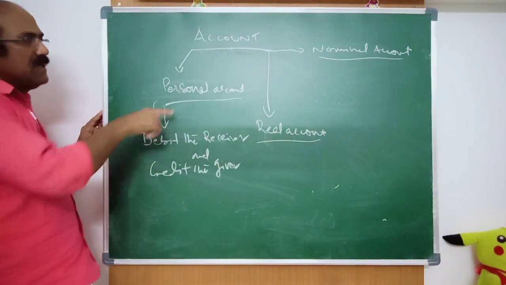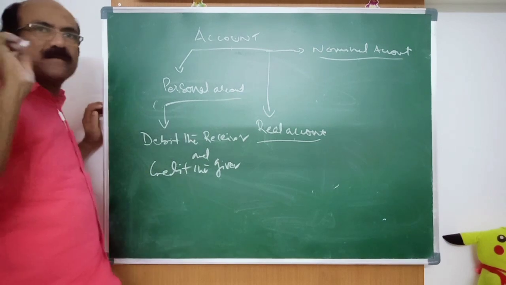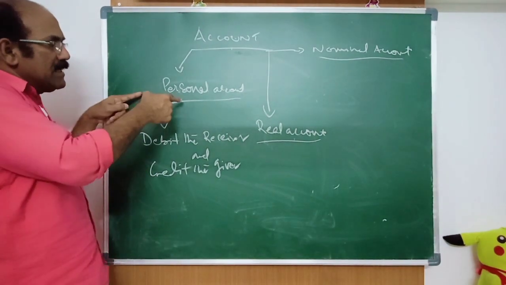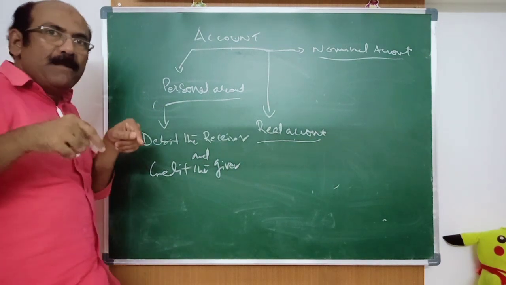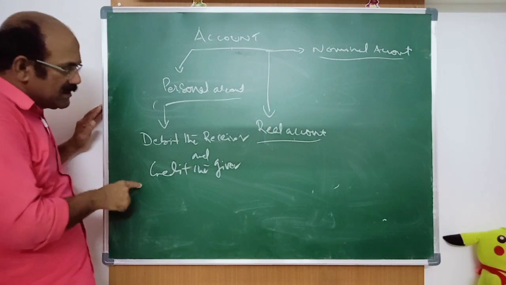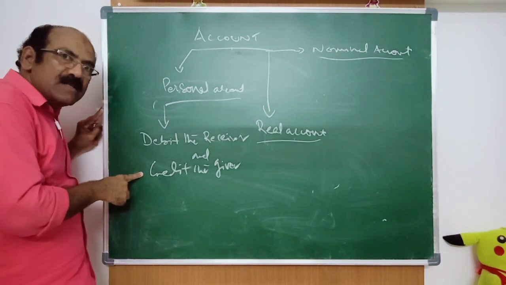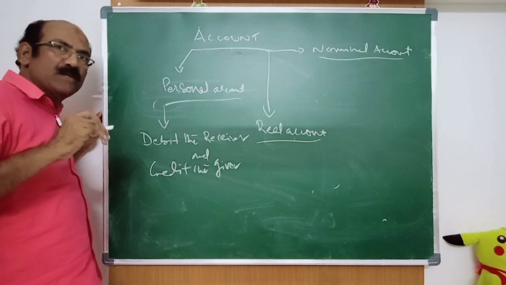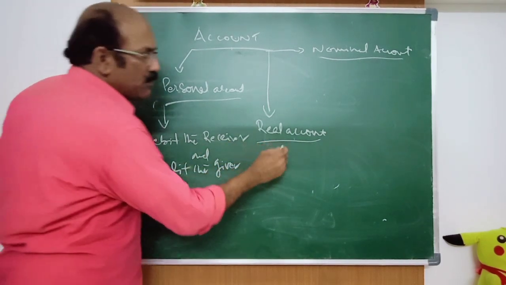This is mostly to do with the person. What is the personal account definition? You have the person, and debit the receiver, credit the giver. So you can see from this definition itself, somebody is receiving, somebody is giving. So there is something to do with the person. Now come to real account.